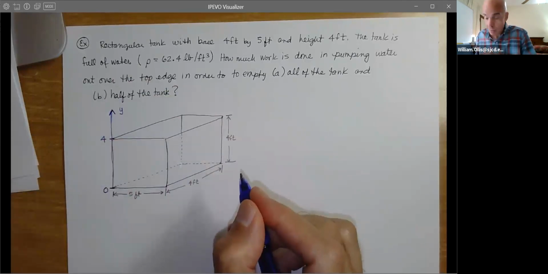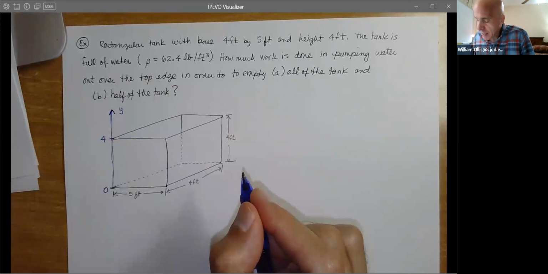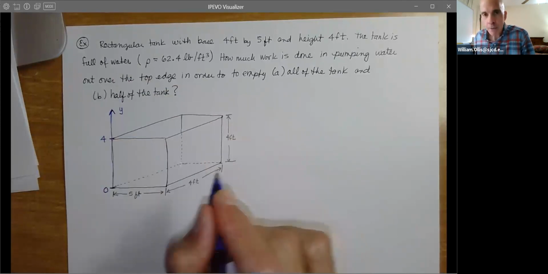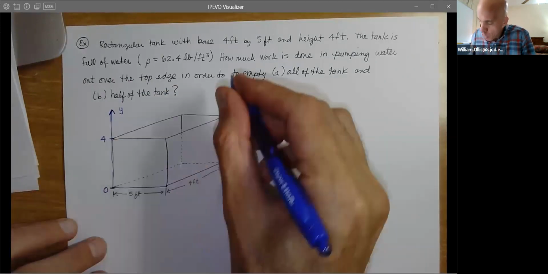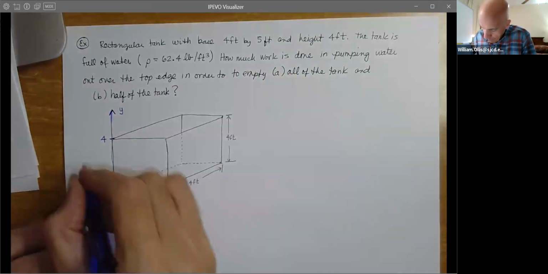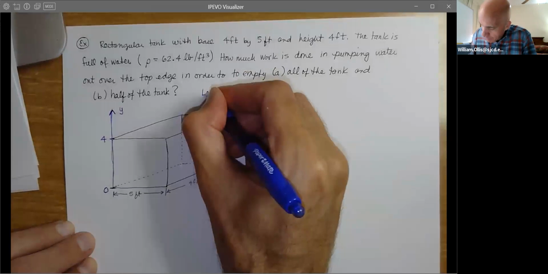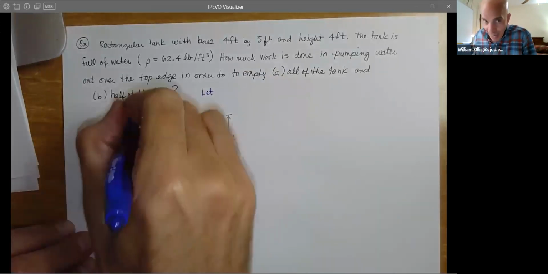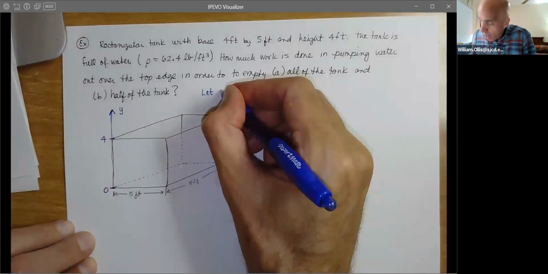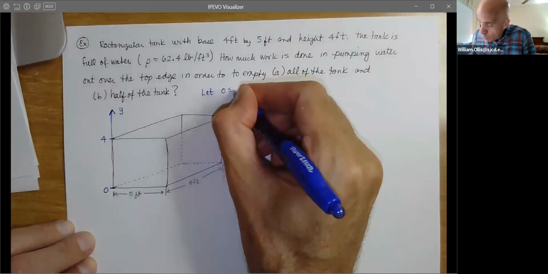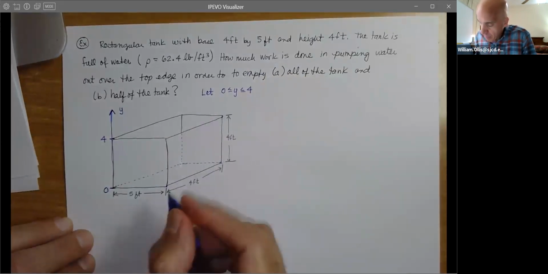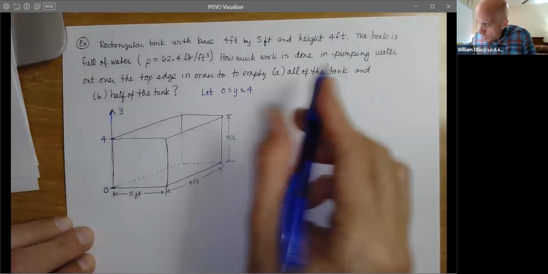The idea is that we want to think about an infinitesimal slab. Once we call this axis a letter, we'll let y live between 0 and 4. And we're going to start with A, so the tank is full.